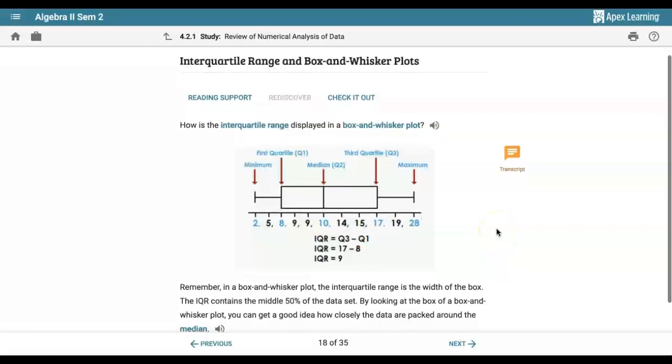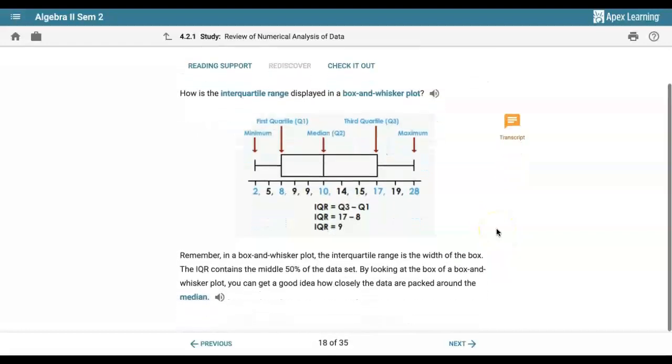Okay, and the interquartile range, how is it displayed on the box plot? It's shown as the width of the box, right? So this overall width of our box shows us this interquartile range, while our entire box plot shows us the range, right? From whisker to whisker shows us our entire range here.